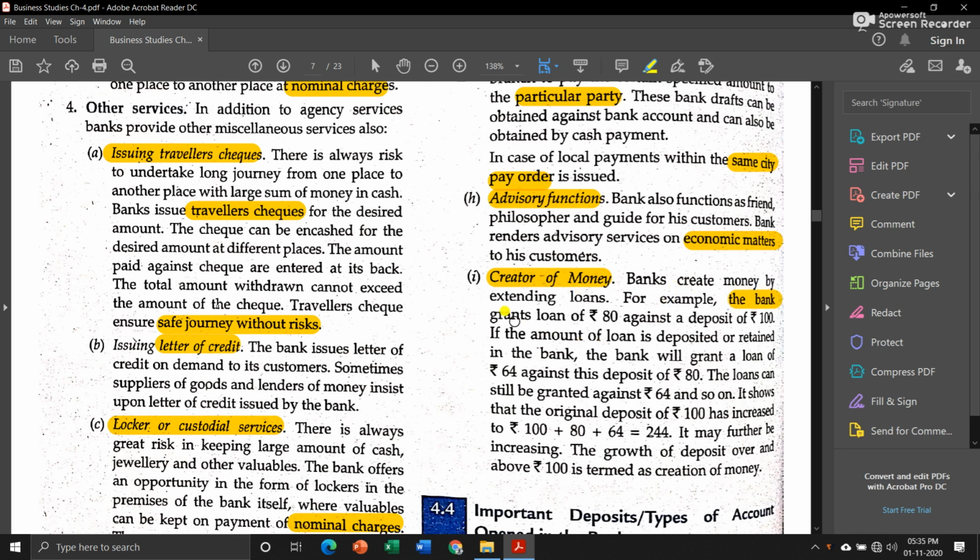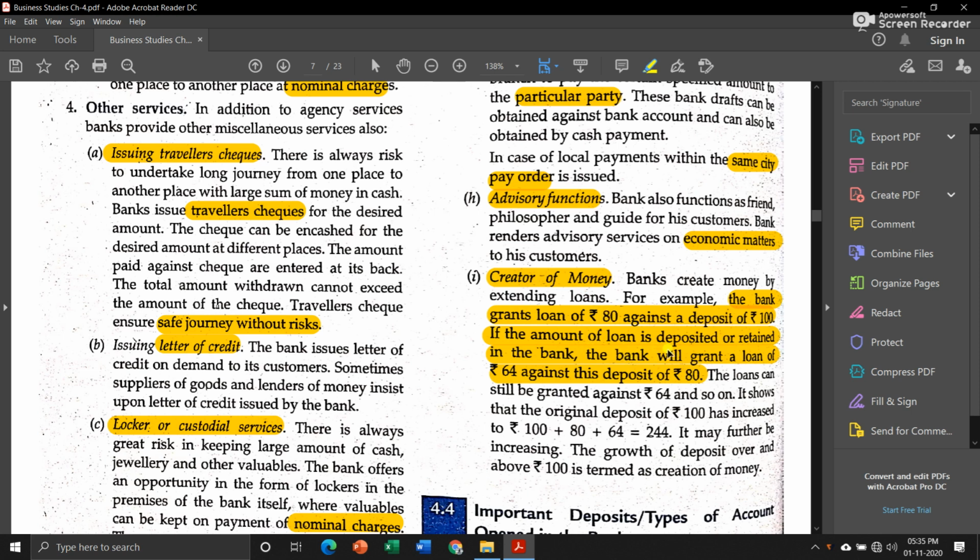The bank grants a loan of 80 against a deposit of 100. If the amount of loan is deposited or retained in the bank, it will grant a loan of 64 against this deposit of 80. Now let us understand this example carefully. Suppose you have an account, and in that account you have 100 rupees, and based on that you are taking a loan of rupees 80.